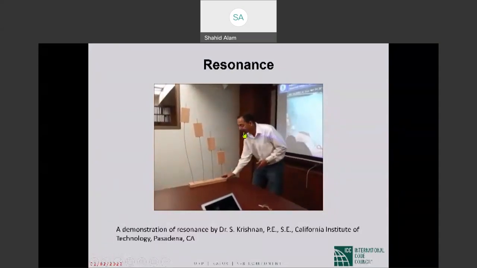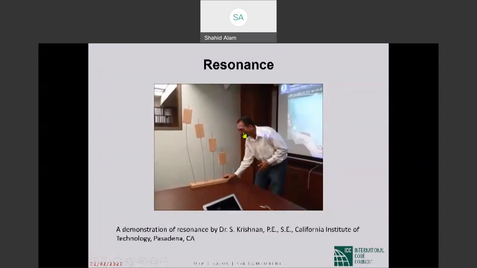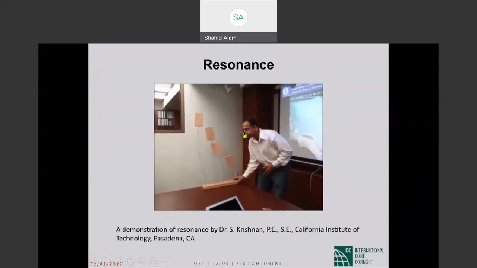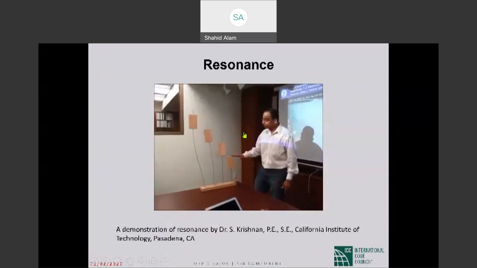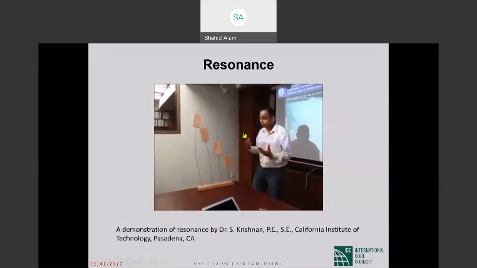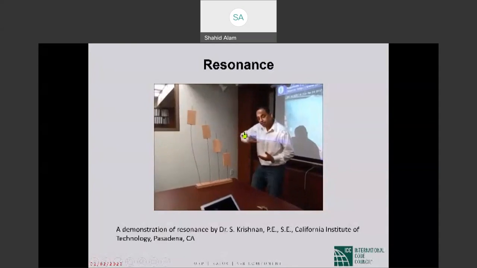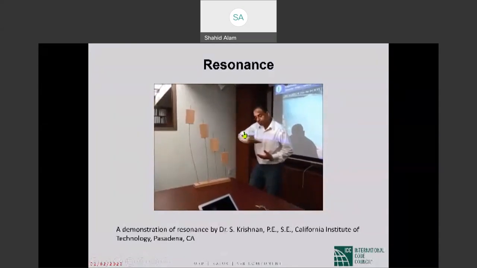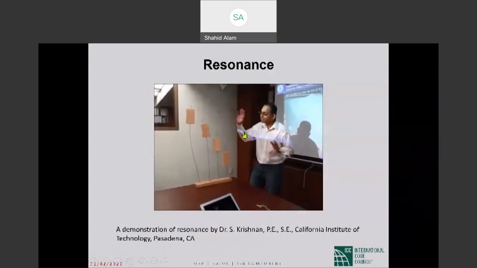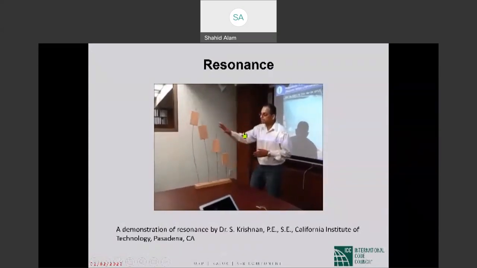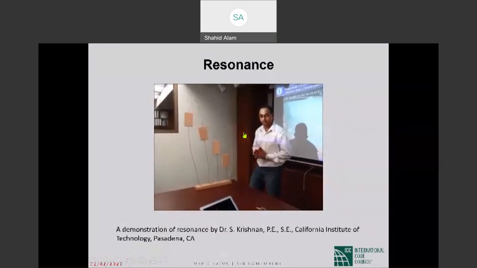So here's the high frequency motion now. Notice how the low rise structure has gotten tremendously excited by this high frequency motion, which is the ground going back and forth several times very quickly. Whereas the tall buildings, they're kind of waving a little bit, but they're more or less steady at this point.